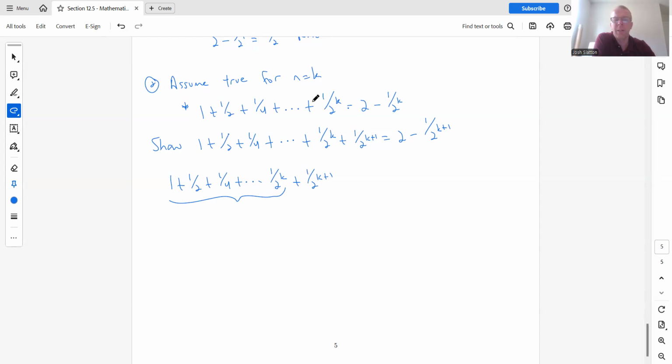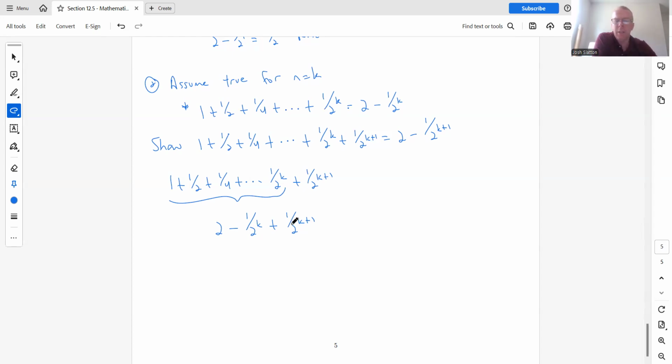So there is the left-hand side there. So what would we do next? These terms equal 2 minus 1 over 2 to the k. So we're going to replace those with 2 minus 1 over 2 to the k plus 1 over 2 to the k plus 1.